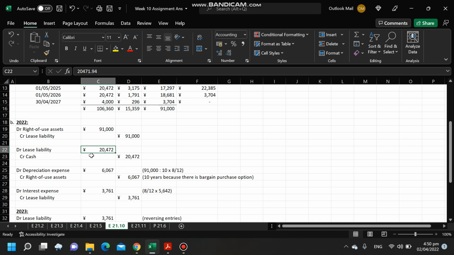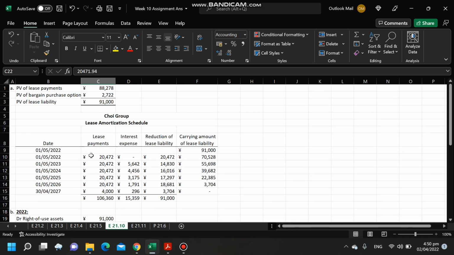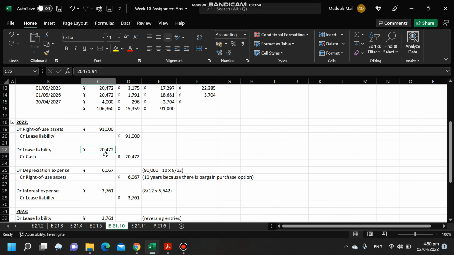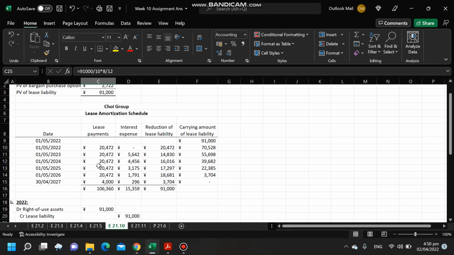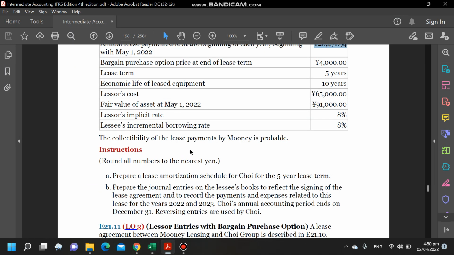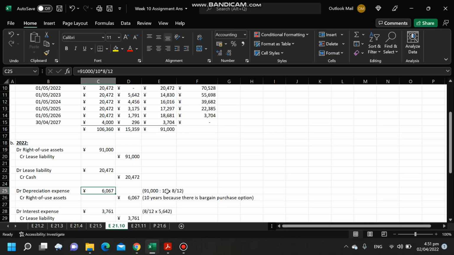And then remember, as lessee, we must record the depreciation expense, which is 91,000 divided by 10. And then remember it is times 8 over 12, because it is from May until December, so 8 months, not a year.